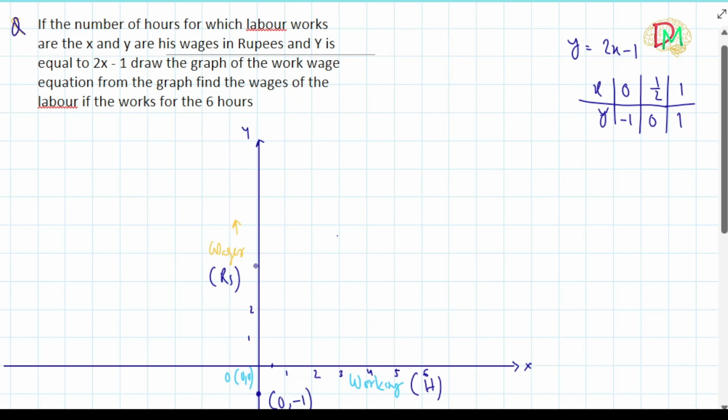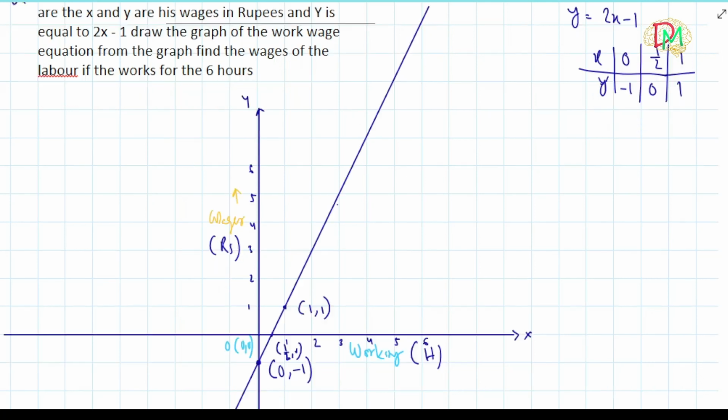Here it is 1 2 3 4 5 6, this continues. So here is the half, this point half 0, and another point we need is 1 1. With these three points we can draw a straight line.